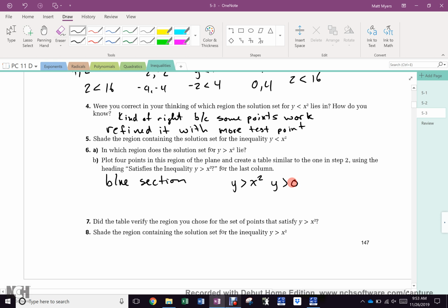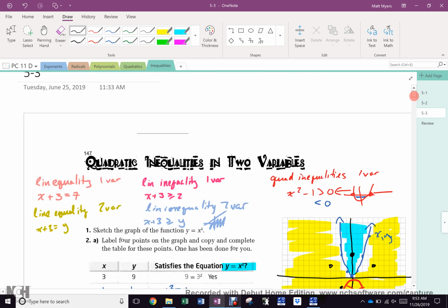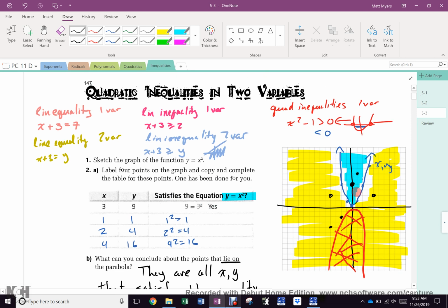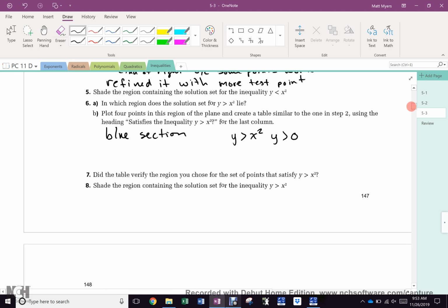Right? And then just to prove our point, what if I went to there? 1, 6. So y is greater than x squared. Is 6 greater than 1? So we're okay. Is everybody good?